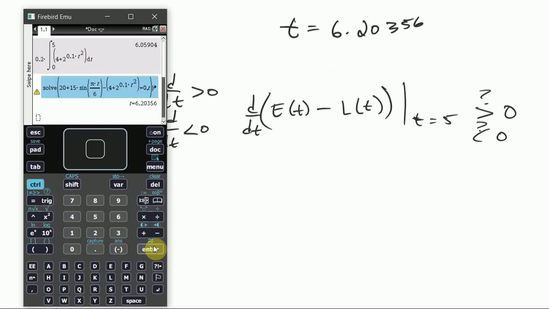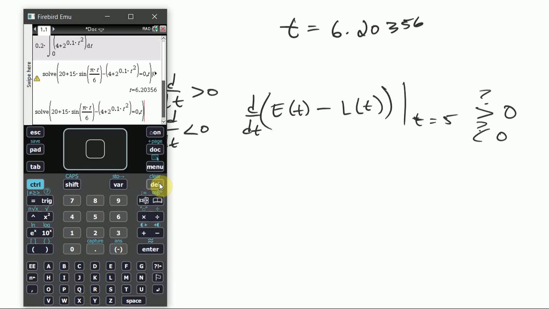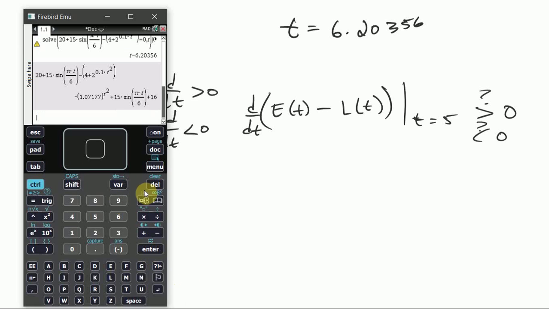We go up here, delete this, and delete that. We want the derivative of that, so we hit enter for that, because I want to keep that value.